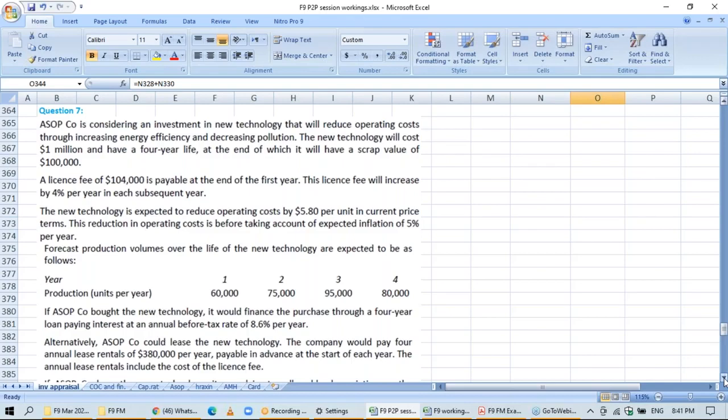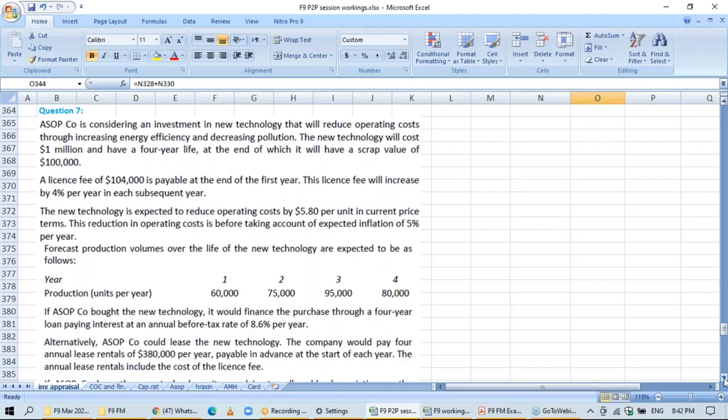So if we compare these lease tax benefits to the situation when the asset is purchased outright through borrowing: in this case, when they borrow the funds and purchase the asset outright and become the owner of the asset, they can claim tax depreciation.